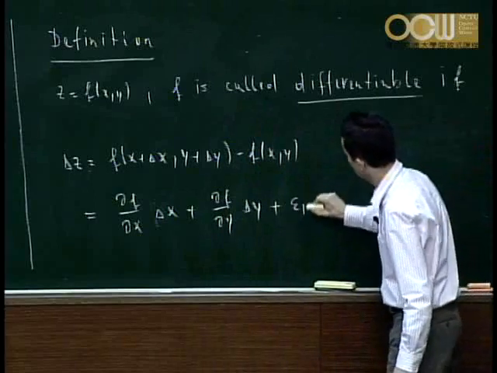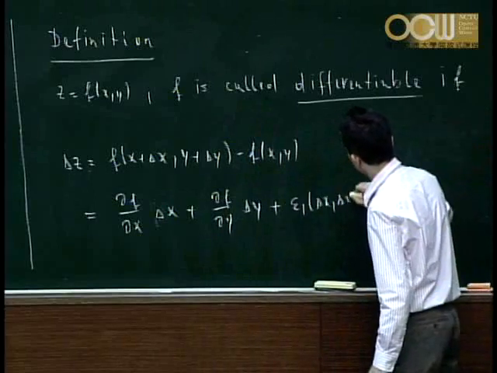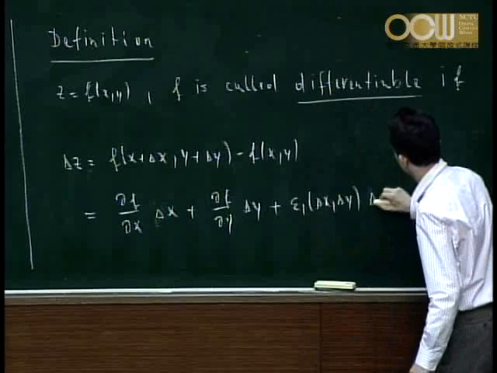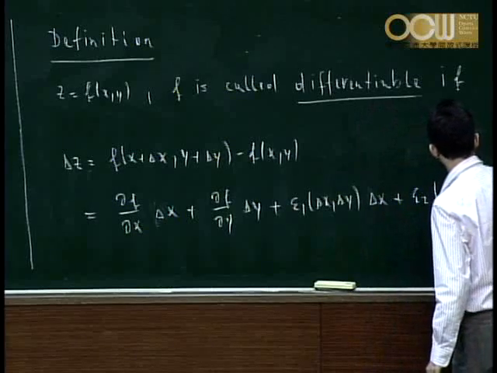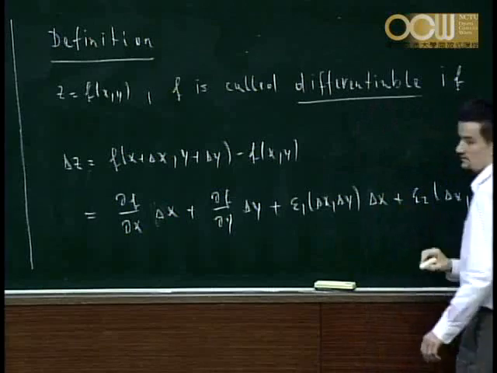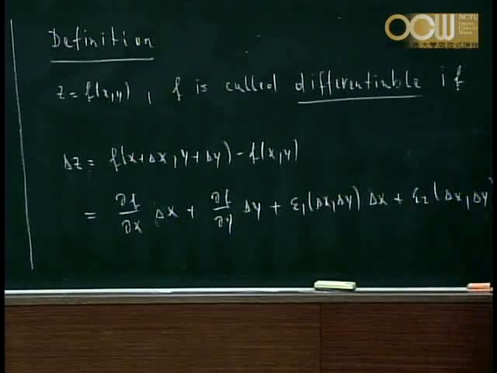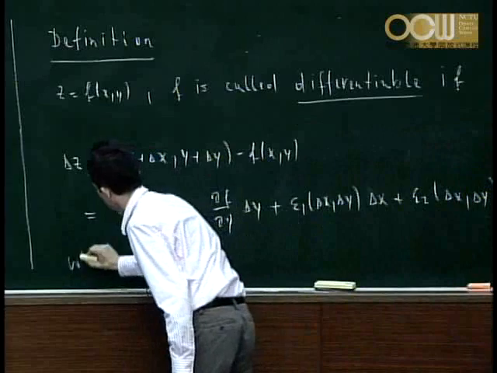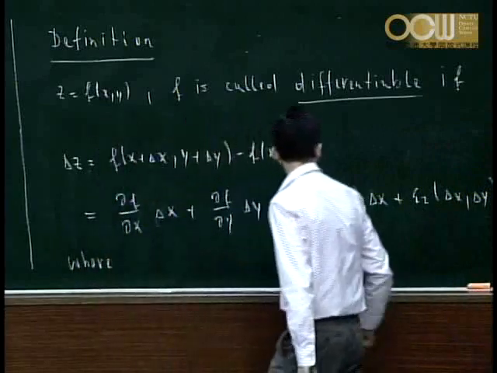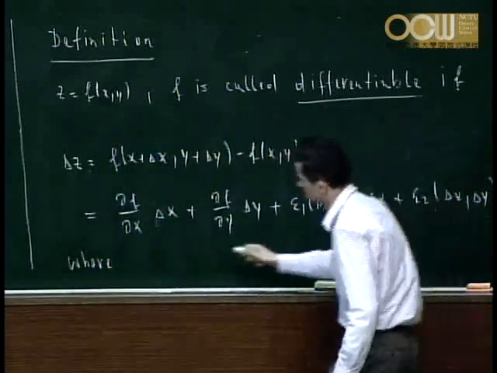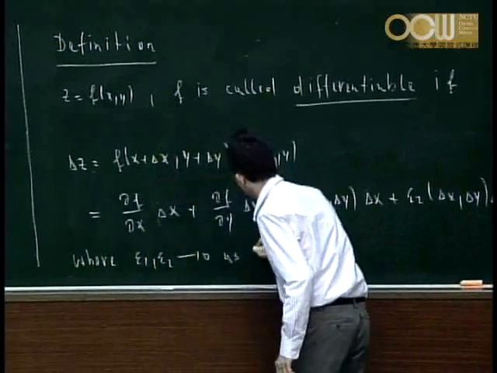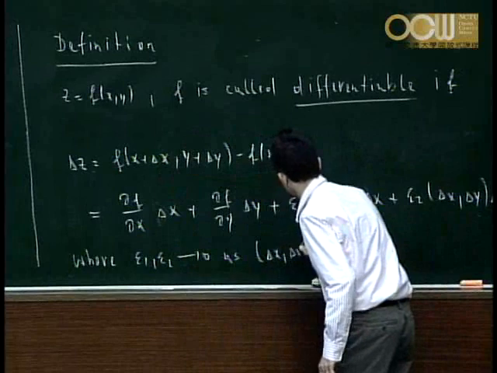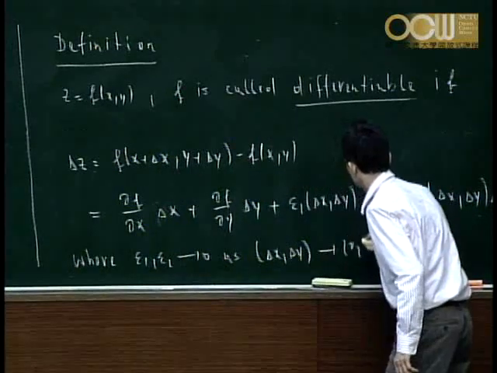The error is epsilon 1 times delta x plus epsilon 2 times delta y. And we require that both of those functions tend to 0 as (delta x, delta y) tends to (0, 0).